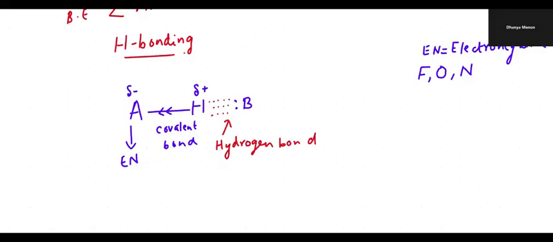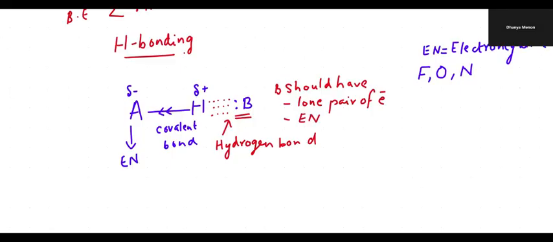And what are the necessary conditions for atom B? What is the necessary condition for B? One is B should have a lone pair of electrons, and it should also be highly electronegative like nitrogen, oxygen, and fluorine.